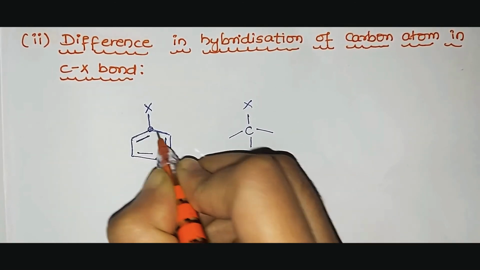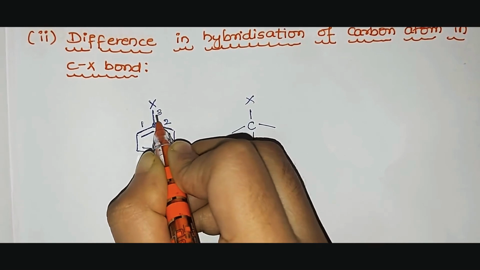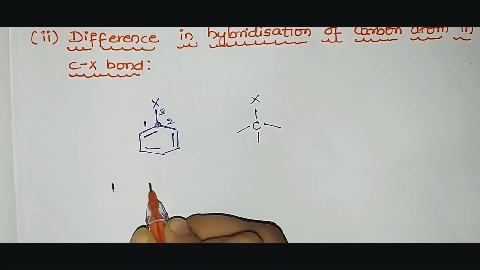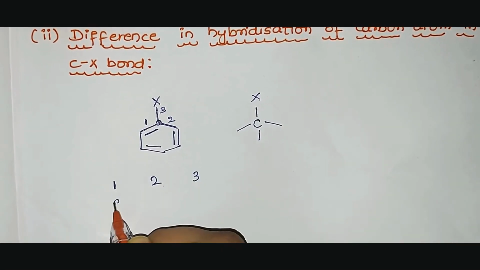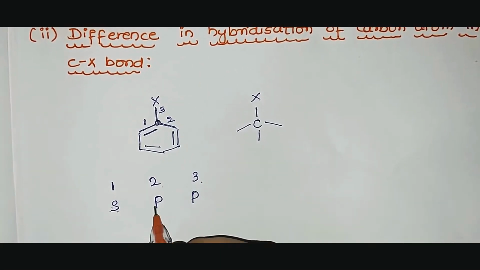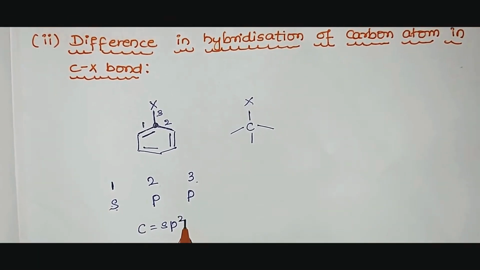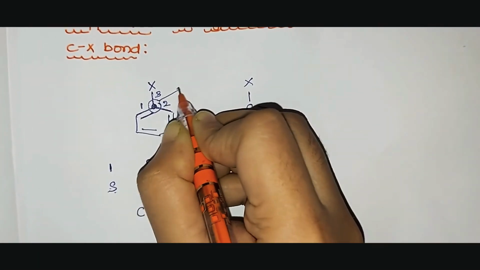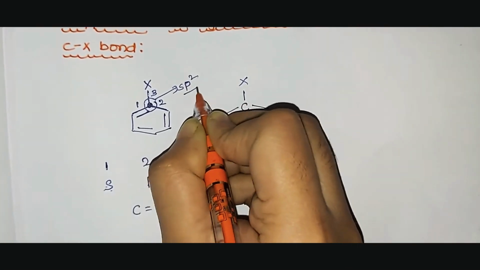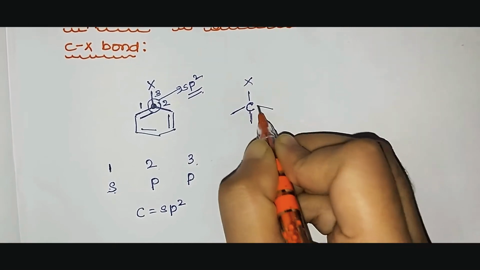Whether it is a double bond or not, consider it as a single electron pair. So it is bonded on 3 sides. If it is bonded on 3 sides, what will be the hybridization? We take 1 s and 2 p, so it becomes sp2 hybridization. So the carbon in aryl halides is undergoing sp2 hybridization.